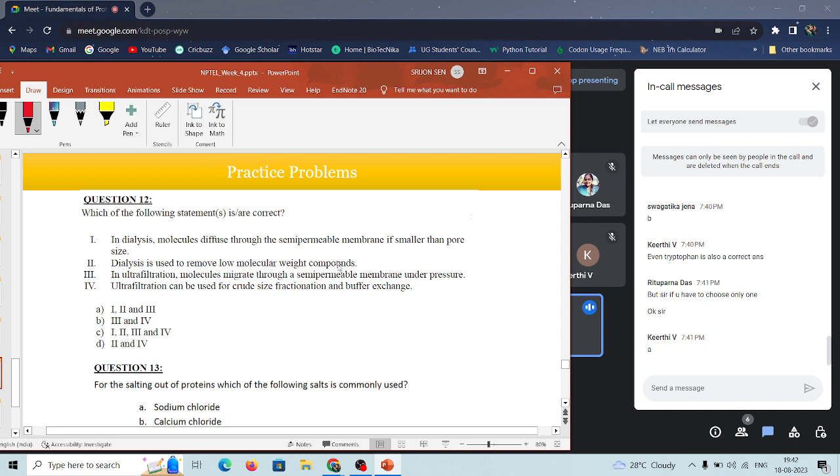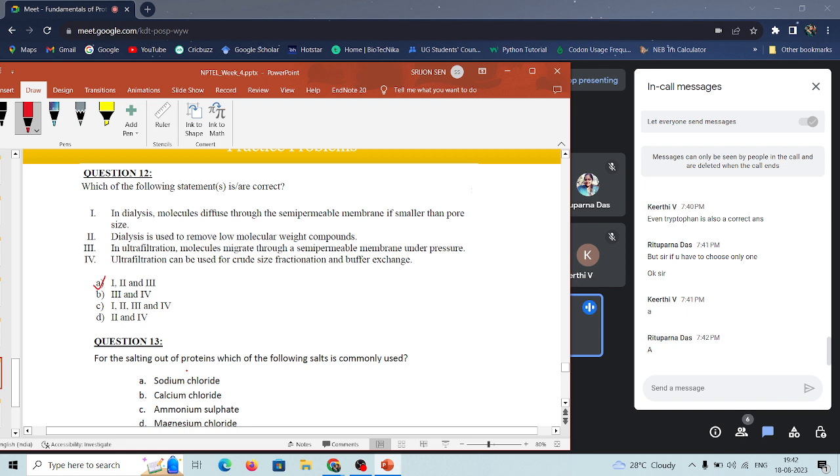Dialysis is used to remove low molecular weight compounds. That is also correct. In ultracentrifugation, molecules migrate through a semi-permeable membrane under pressure. And centrifugation can be used for crude structures. Okay. So yes, 1, 2, and 3 are correct. Good.